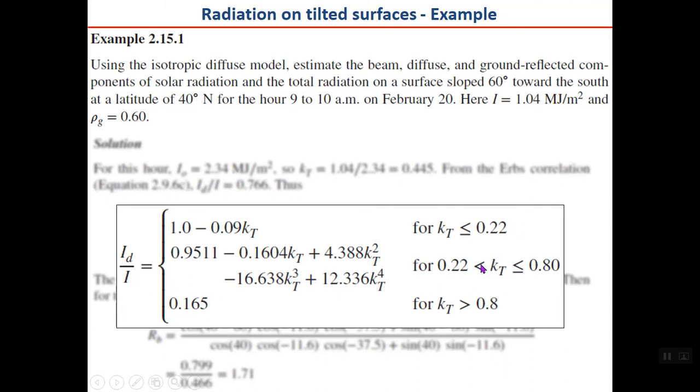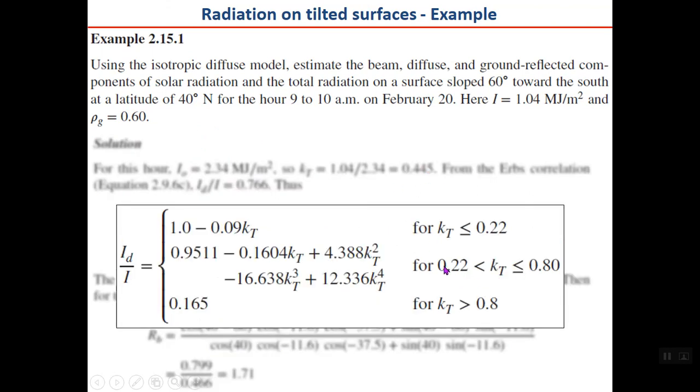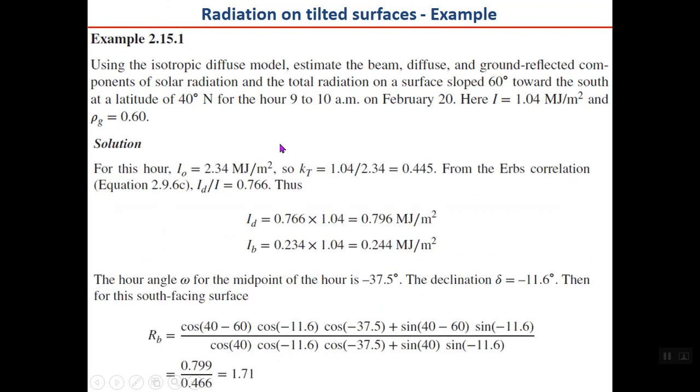So having the hourly KT value, which is 0.445, you should go to this equation because the KT value is between 0.2 and 0.8. Then you can put the KT value here, and simply you can find the ratio of ID to I, which is 0.766.